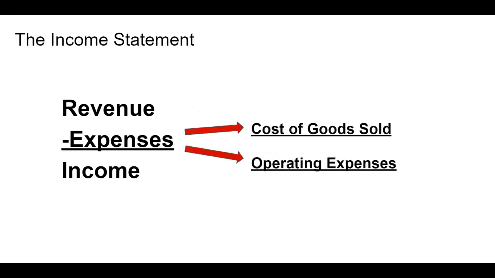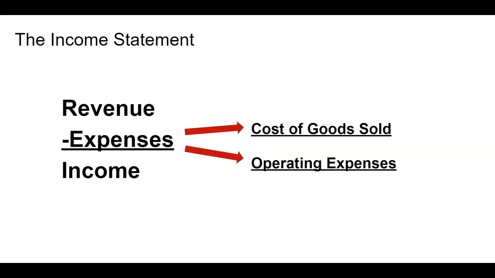Your expenses can be broken out into two different categories: cost of goods sold and operating expenses. If we're making a product, let's say we're making a plastic water bottle, our cost of goods sold would be the plastic and the physical inputs that go into making every single one of our water bottles.